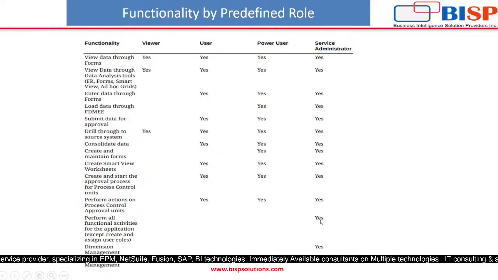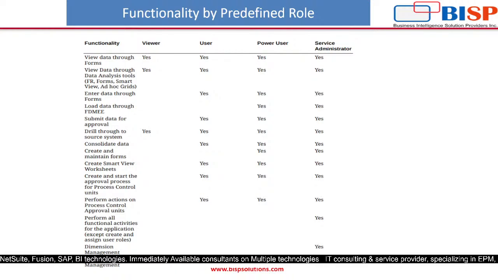except till here, performing actions on process control. User, power user, service admin, the roles are the same, only the service admin has three extra. So dimension management is the sole responsibility of the service administrator.